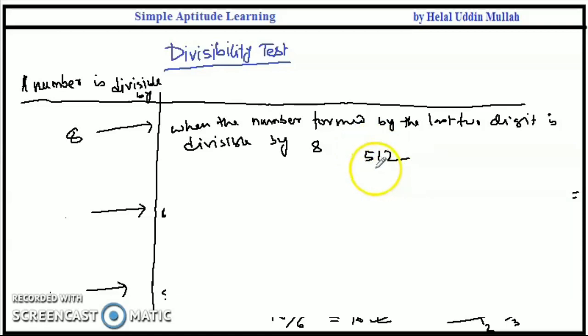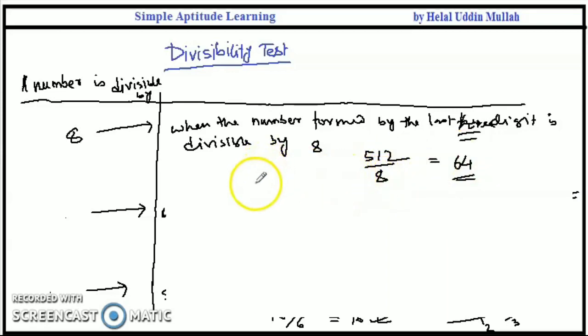Its last 3 digits are 5, 1 and 2. If we divide it by 8, we get the number 64. So it is divisible by 8 directly.